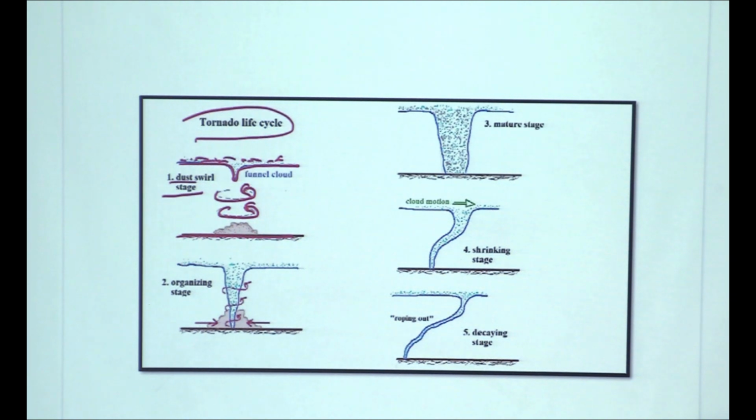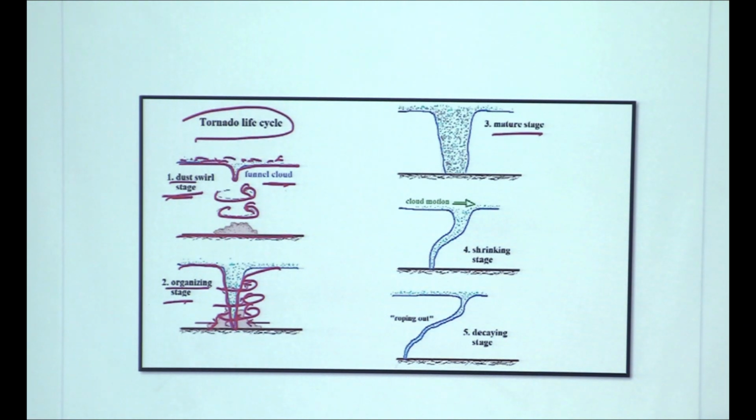This results in, because this is a supportive factor, the funnel touching the ground. And do remind yourself of what is always referred to as counterclockwise circulation in the northern hemisphere. So a funnel cloud in stage 1 tends to touch the ground if the ground conditions are favorable.